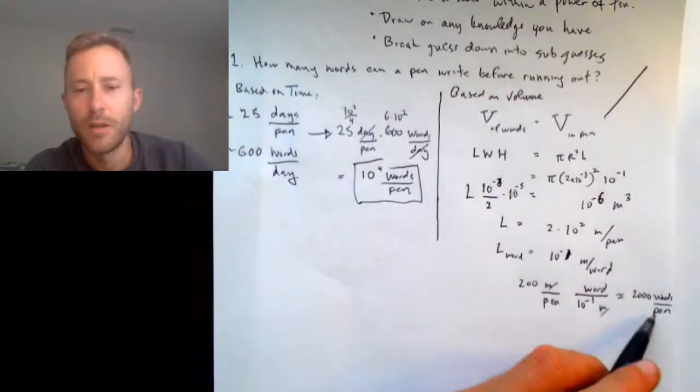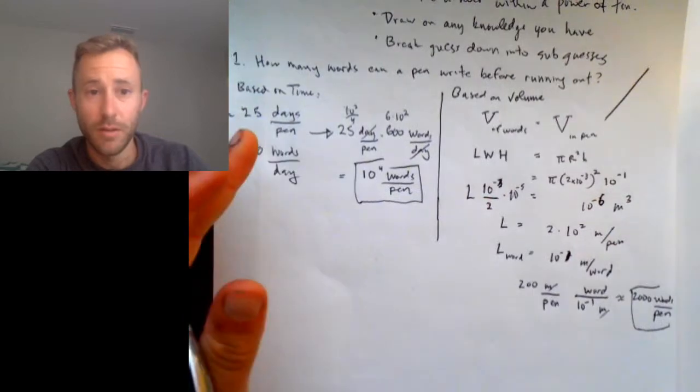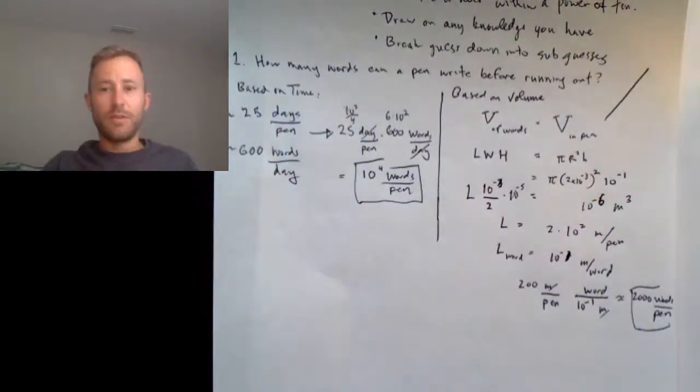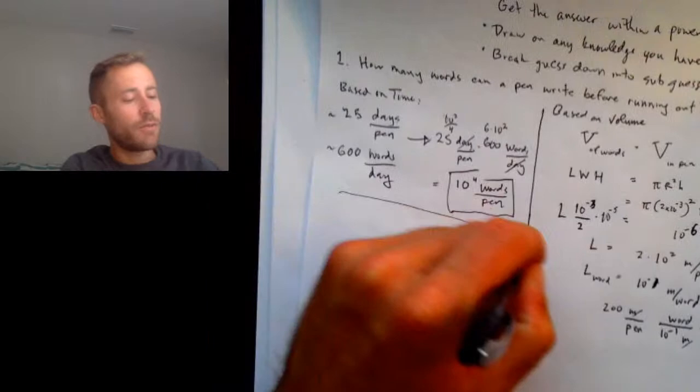All right, so 2,000 words per pen, 10,000 words per pen. Those are within a factor of 10 of each other. So if I were to take a guess, I would probably guess somewhere in between those two, right? So maybe 5,000 words per pen. All right, so that's an example of a Fermi question.